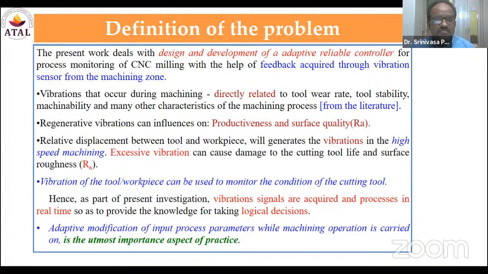That is why I have specifically mentioned the units: displacement in microns, and the other two are mm per second and mm per second squared, velocity and acceleration. If you know one particular value, one is a derivative and another is an integration, so you will get the other two values.